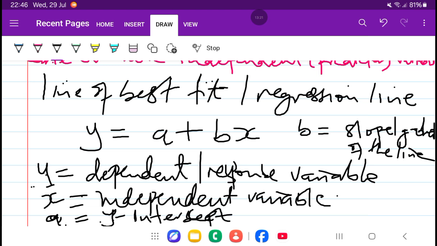A regression line is just a straight line that describes how the dependent variable y changes as an independent variable x changes.